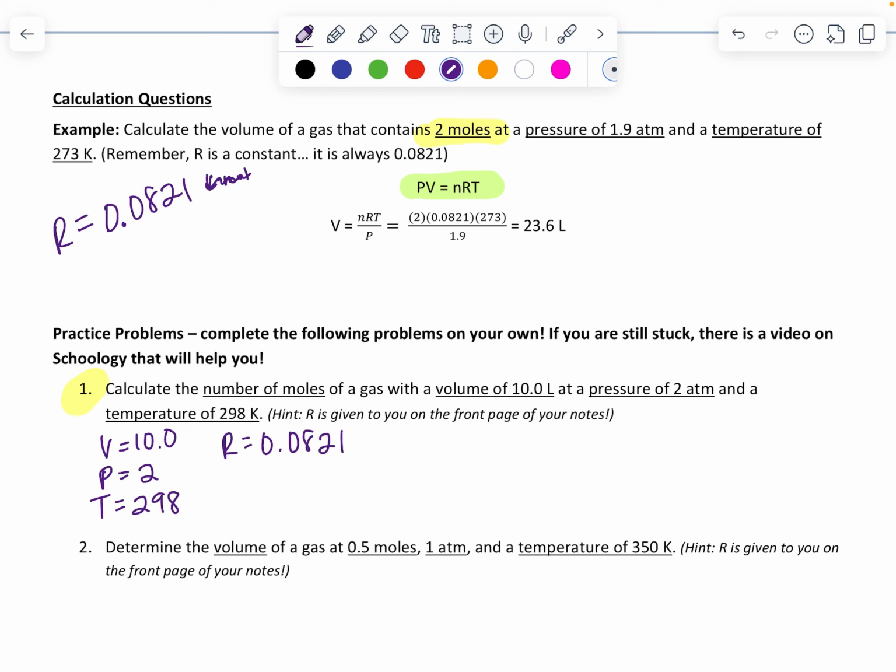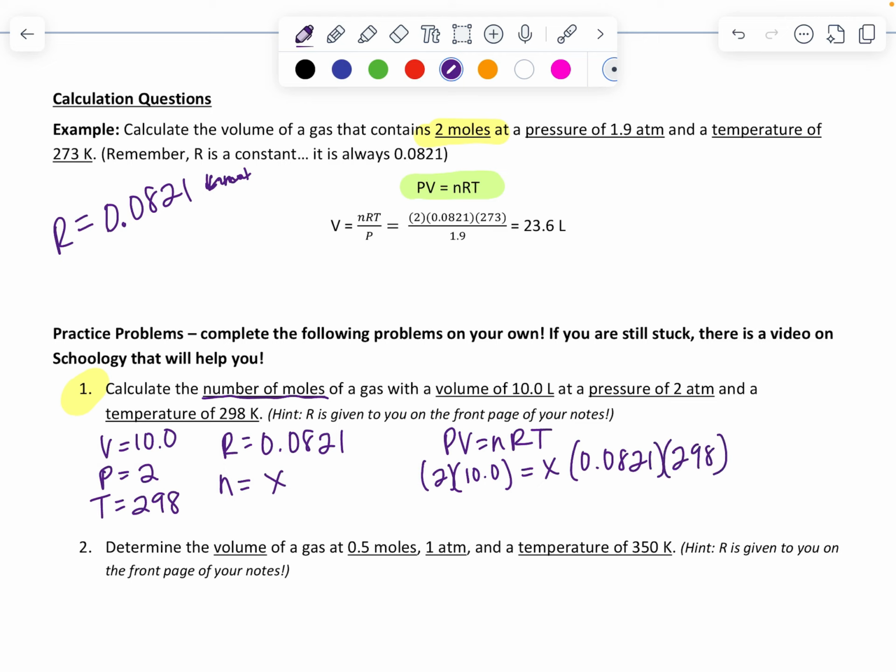Then it tells me that it wants me to find the number of moles, so N is going to be my X value. If I have my formula, now I'm ready to start plugging in numbers. I know the pressure is 2, the volume is 10, N is X, then I have 0.0821, and my temperature is 298.